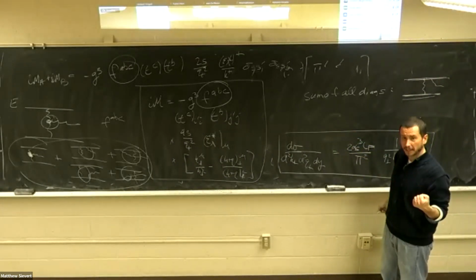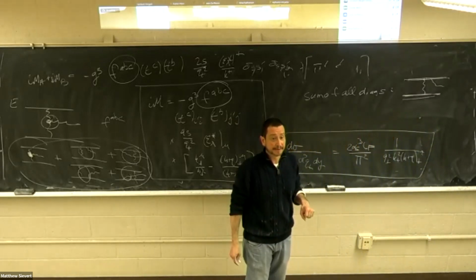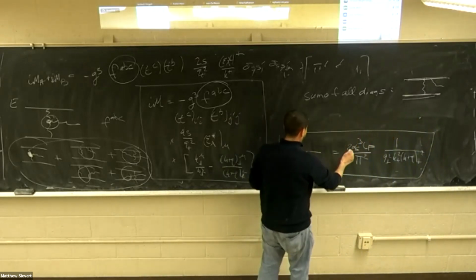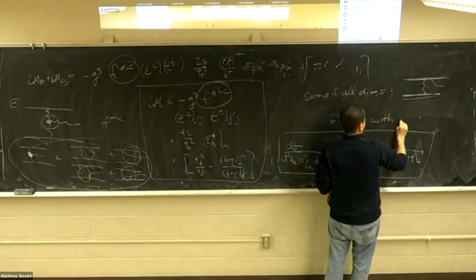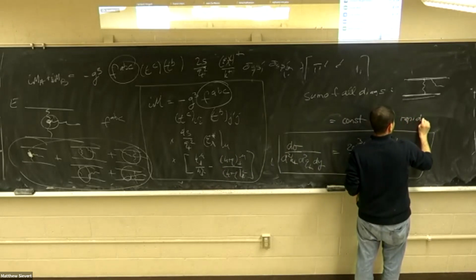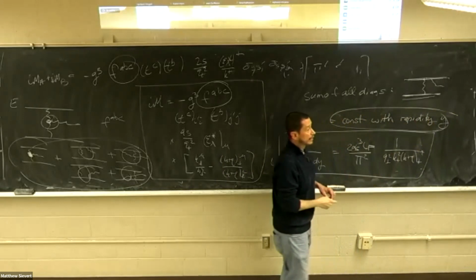But the thing that's really, really robust about this is the energy dependence, the square root s dependence, and the fact that this cross-section is a constant with rapidity y. That part is completely generic.